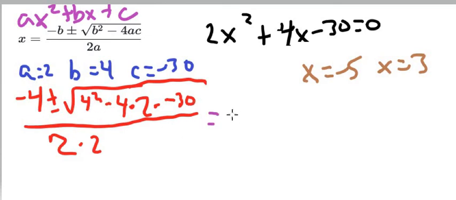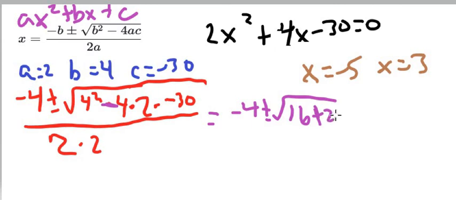So 4 squared is 16, and negative 4 times 2 times negative 30. 4 times 2 is 8, times negative 30, so that's going to be a positive, I believe, 240 if my mental math is right. And I hope it is. All over 2 times 2, which is 4.